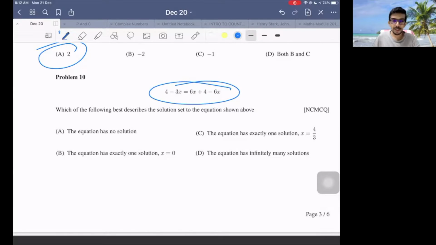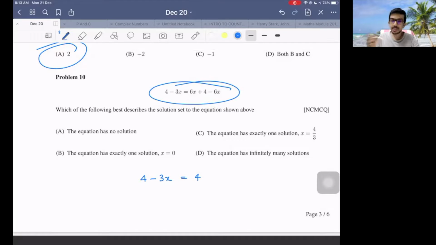Of course, our first job is to simplify the expression. So when you look at the RHS, there are like terms to be combined. In fact, it's 6x and minus 6x. Those will get cancelled. So we have 4 minus 3x is equal to 4.